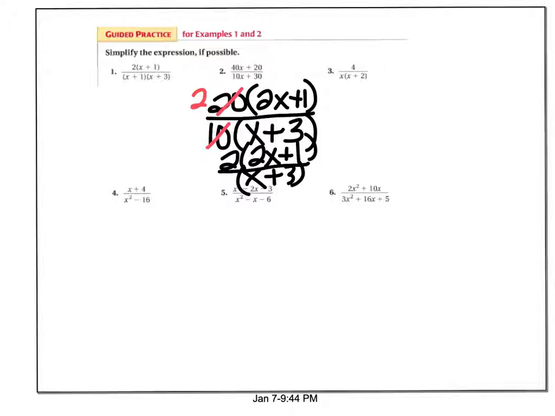In problem number 3, there's nothing I can do. Therefore, we say the expression is already simplified. You try number 4. Did you see the numerator was already factored?